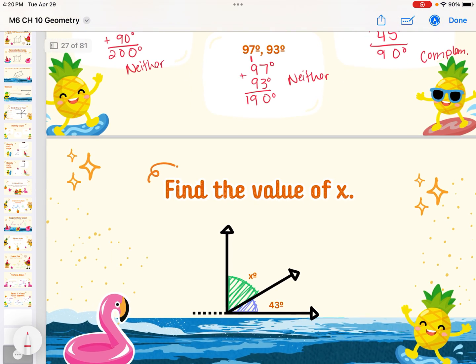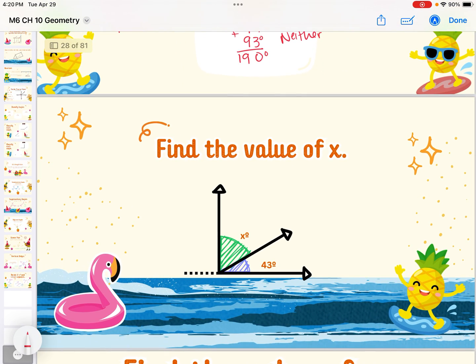Lastly, we might need to try to find the value of x. So if it was 90 degrees, it would have this red box here, and I forgot to label that. So this is a 90-degree angle. So in order to find our missing measure, we can just do the opposite. So we know that complementary angles add to 90 degrees. So if we write out our equation, it would be 43 degrees plus x is equal to 90 degrees.